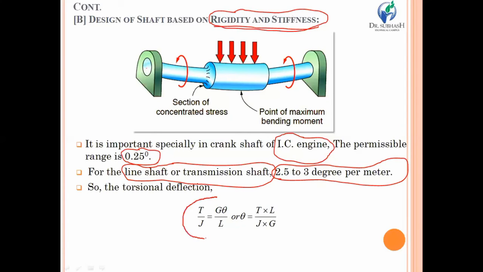Just go through the torque equation and convert it in terms of angular deflection theta, because this design is purely based on deflection theta. Put the relevant values over here and simplify it. You will have a relation for theta, and that is based on the rigidity and stiffness design criteria.